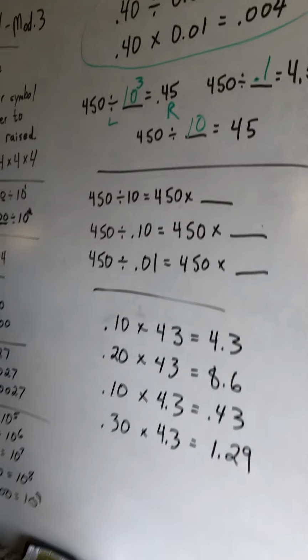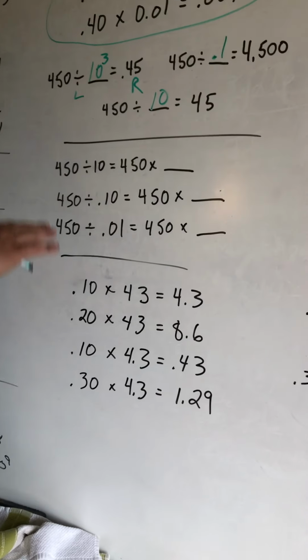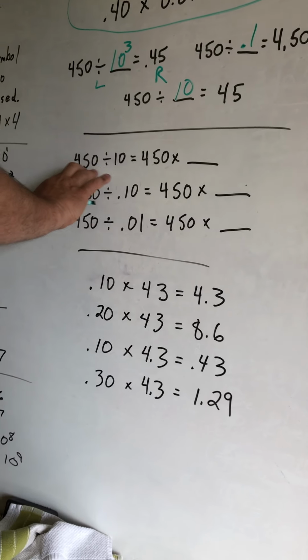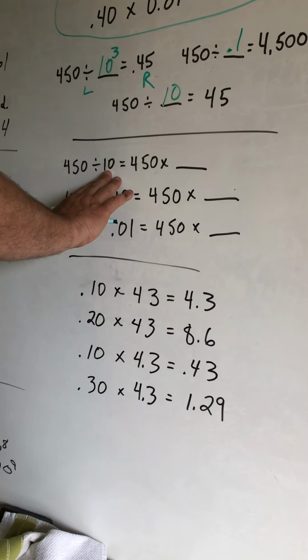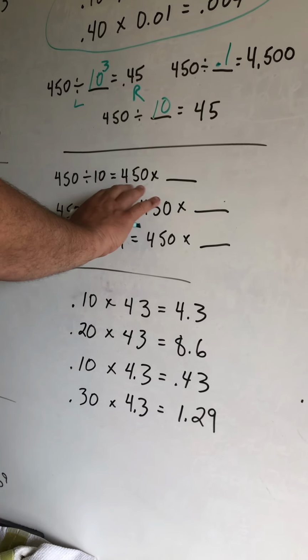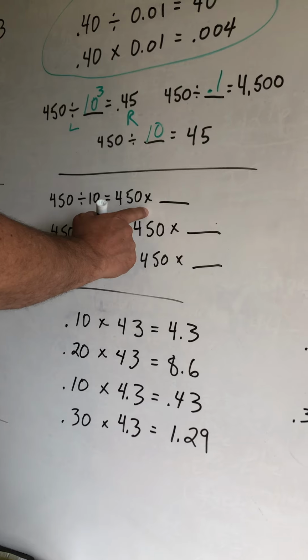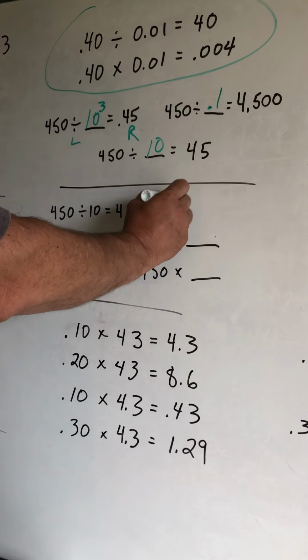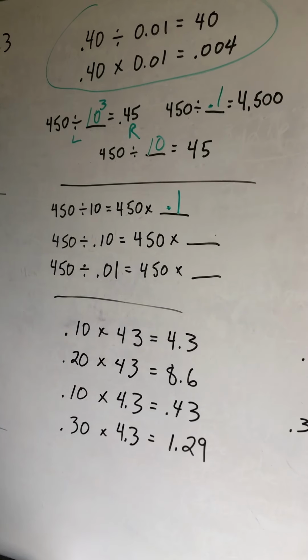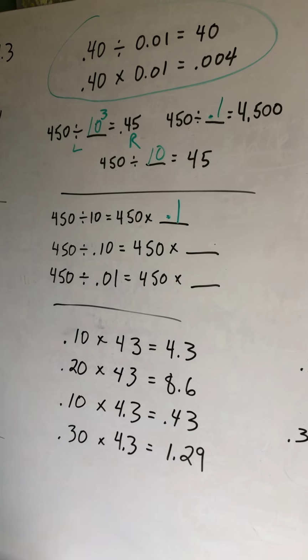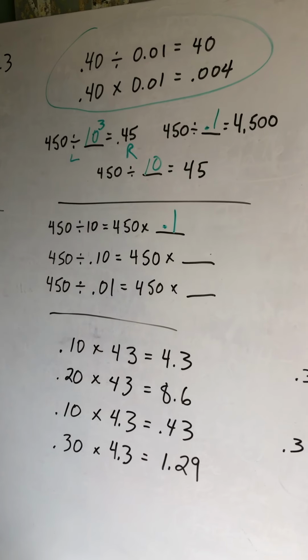Awesome. Okay, so here we have 450 divided by a whole 10. So how does the left side equal the right side? Well, this is going to be 0.1, because both sides have to equal 45.